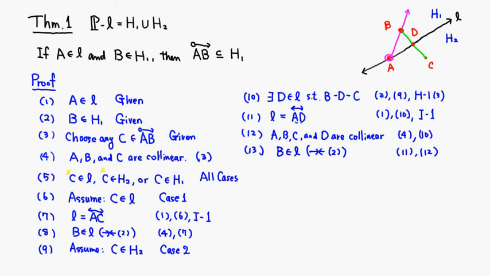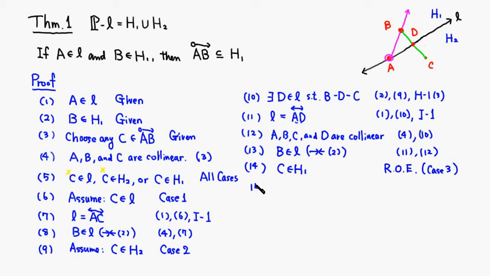The only other case we have is number 14. By rule of elimination, we know that C is in H1. This was case 3. Since this is any arbitrary element in the open ray AB, and we could show that it belongs to H1, the entire open ray AB sits inside H1.